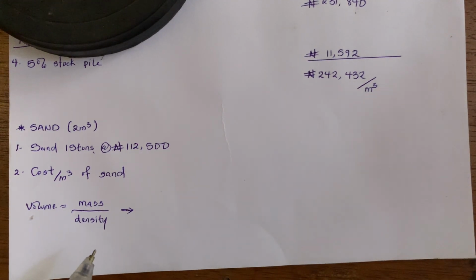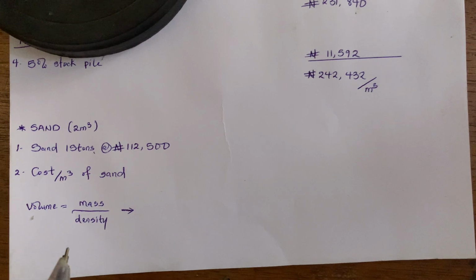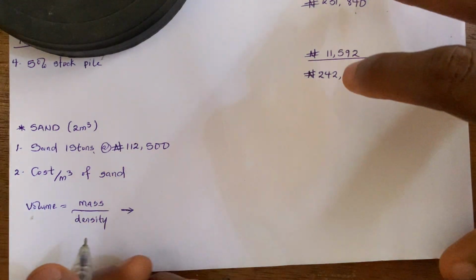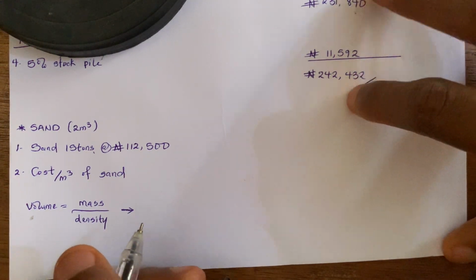In order to do that, we need to first find what 1 ton is in cubic meter. So we're going to be using this formula: volume is equal to mass over density. We know that 1 ton in kg is 1,000 kg.